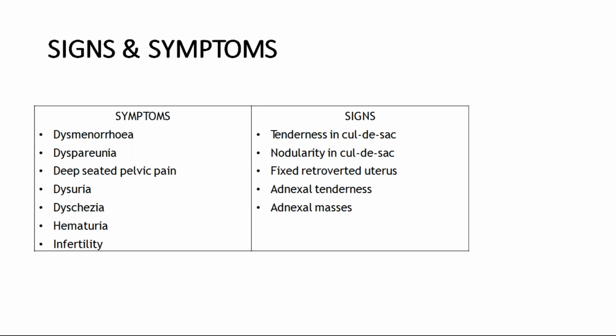So there will be tenderness in the cul-de-sac. You can feel the nodularity in the cul-de-sac if the posterior uterosacral ligaments are involved. And a fixed retroverted uterus if the adhesions are present. And adnexal tenderness, fornical tenderness. You can even feel adnexal masses if the chocolate cyst or endometrial deposits are present in the adnexa. They will have masses.